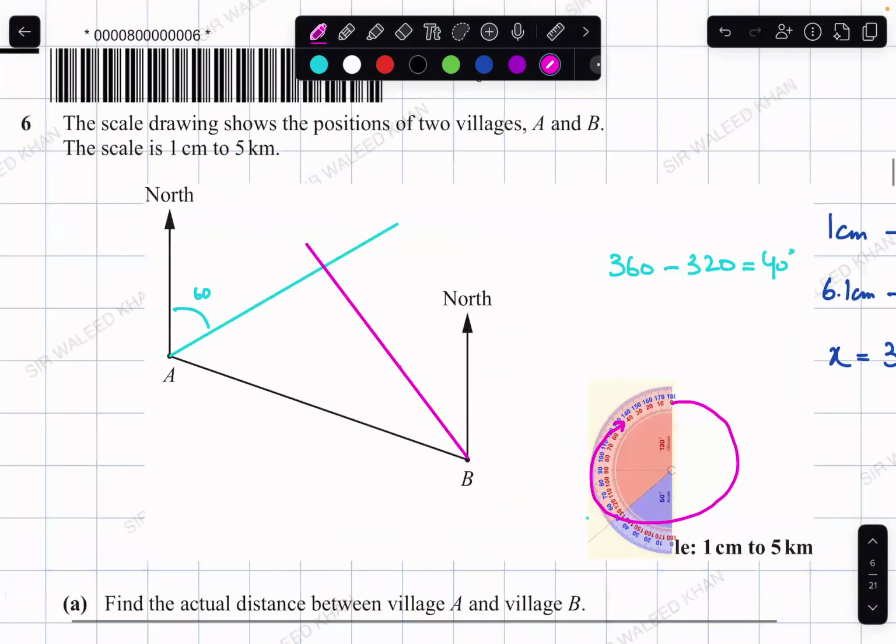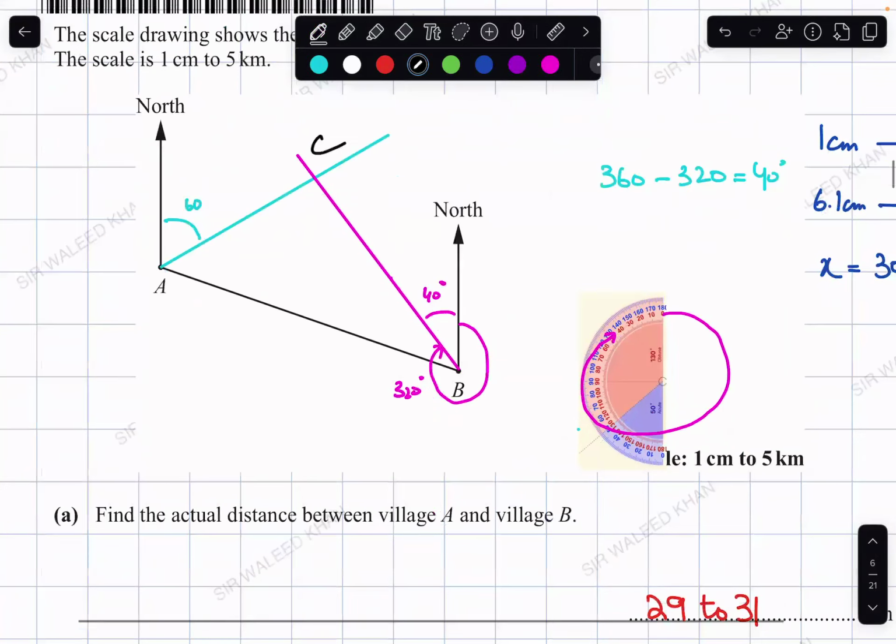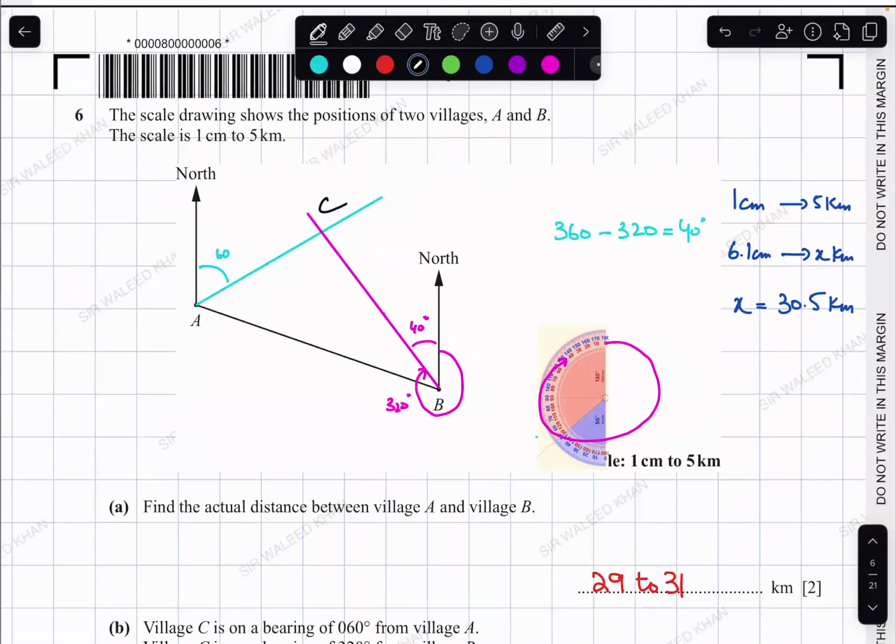I marked this 40 because I had 320 bearing over here, and the total is 360. So this angle over here is C. Is that clear? Sorry, this point over here is C.